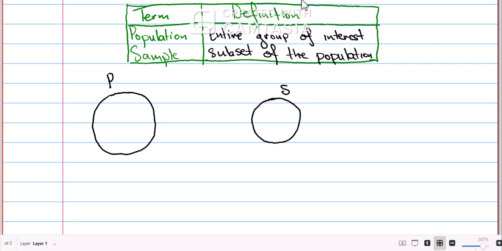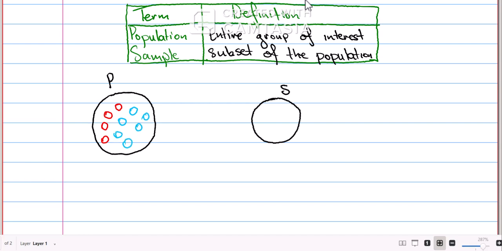Let's say the population has cars. It's the population of cars. Let's say we have four red cars. Then we have six blue cars. One, two, three, four, five, six.